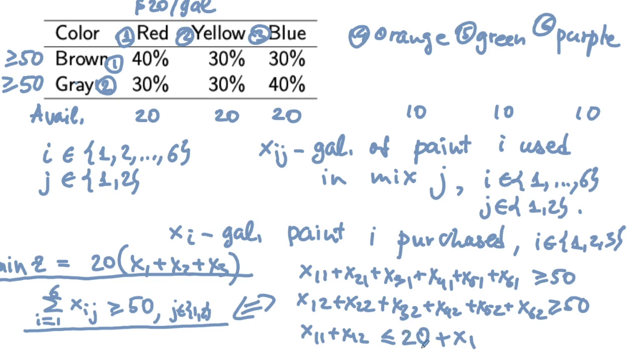When we sum up 20 and x1, this gives us the total supply of red paint that we can use for brown and gray mix, and this constraint ensures that that supply is not exceeded.